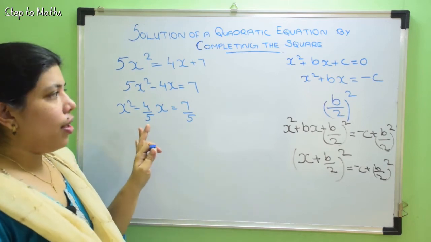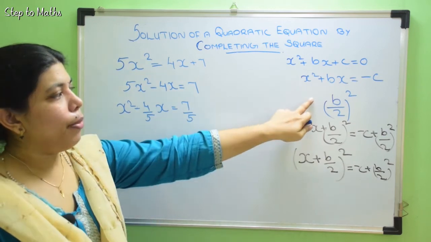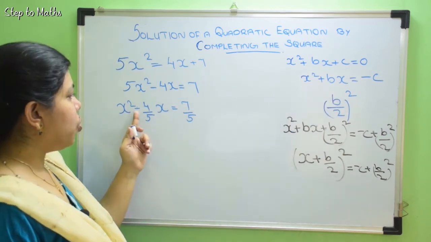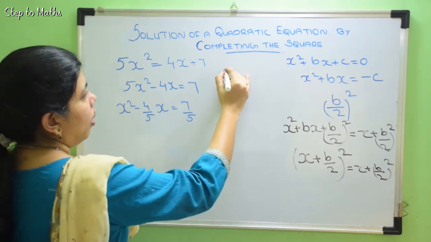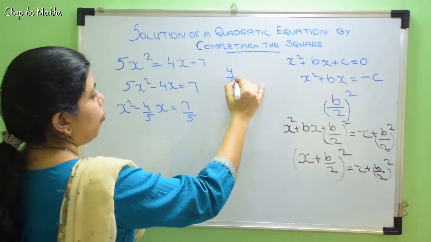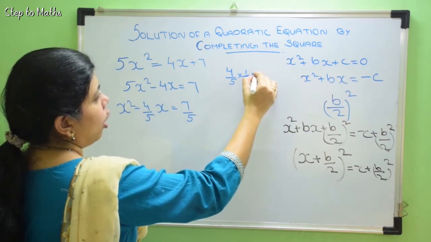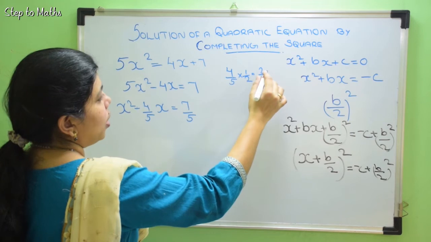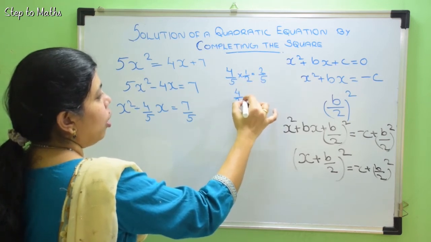Then which value do we want to add? B by 2 square. What is b by 2 square? b is 4 by 5. Its half value is 4 by 5 into 1 by 2, that is 2 by 5. Its square is 4 by 25.